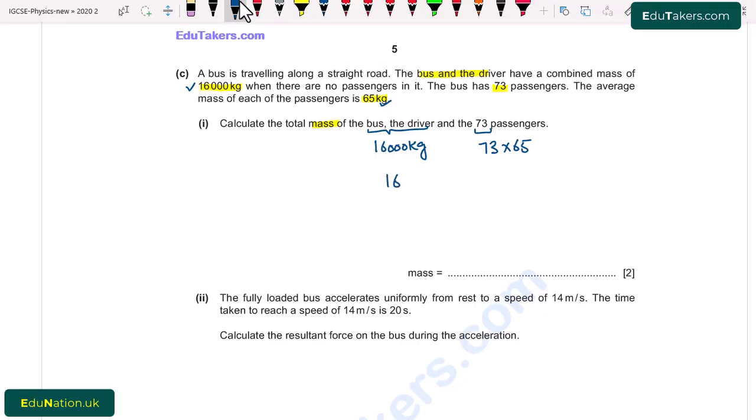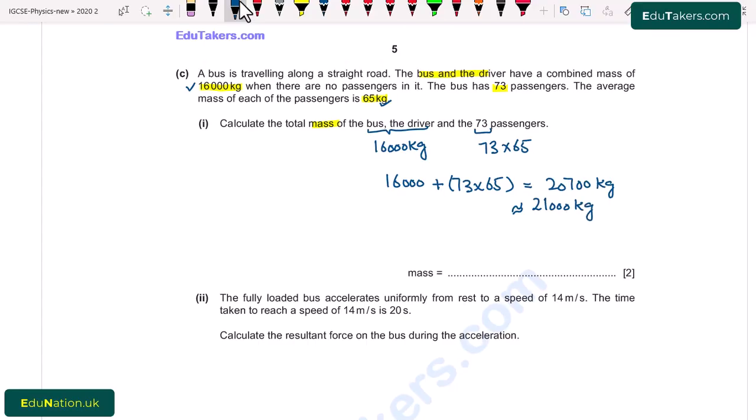So 16,000 plus 73 multiplied by 65 comes to be 20,700 kg, and it may be approximately equal to 21,000.